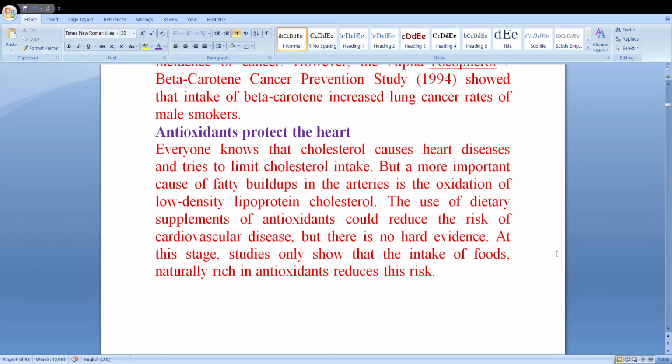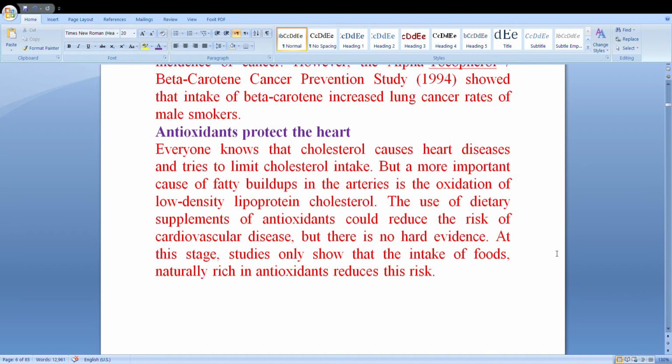Let's move to antioxidants protecting the heart. Everyone knows that cholesterol causes heart disease and tries to limit cholesterol intake. But a more important cause of fatty buildups in the arteries is the oxidation of low density lipoprotein cholesterol.